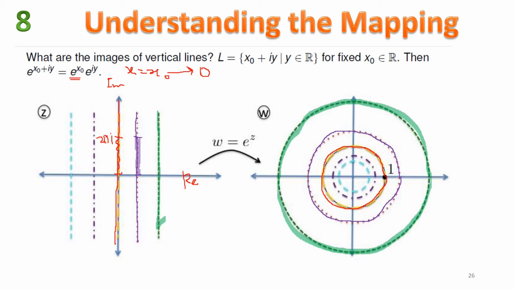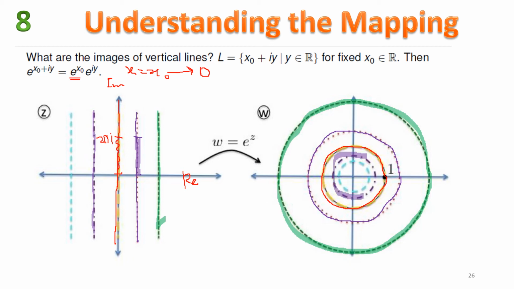When we are having smaller, negative values of the real part, so this is a negative value. Here you will be having x0 being replaced by some negative value, and this quantity will be less than 1, and you will be able to track this circle for that.